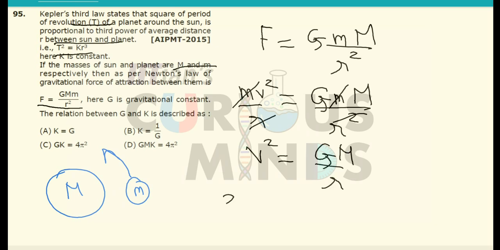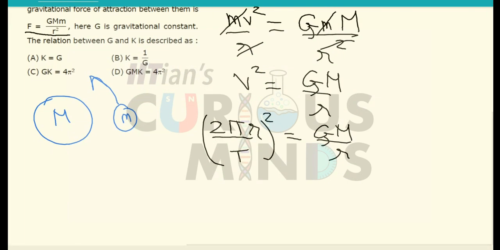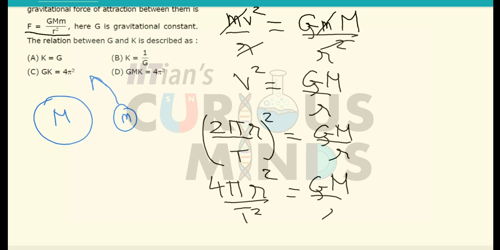Now v square can be written as 2 pi r divided by T, the whole square, equal to G M divided by r. So it will be equal to 4 pi square r square divided by T square equal to G M divided by r. So basically T square will come out to be 4 pi square r cube divided by G M.